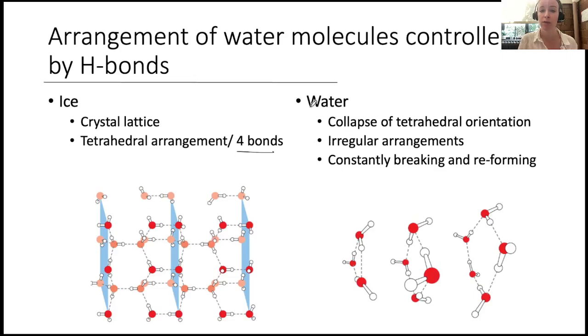It's a little bit different when ice melts into liquid water. So in liquid water, we have collapse of that beautiful tetrahedral hydrogen bonding orientation because that water is rolling around in constant motion, right? So we can understand that the hydrogen bonds are constantly being broken and reformed, constantly breaking and forming hydrogen bonds.